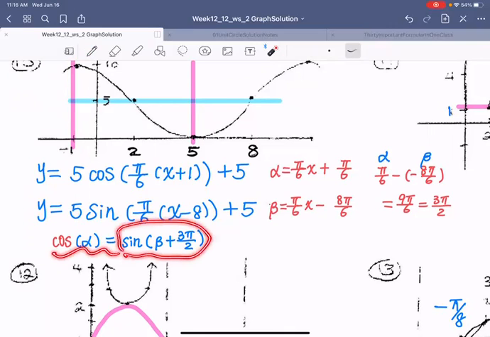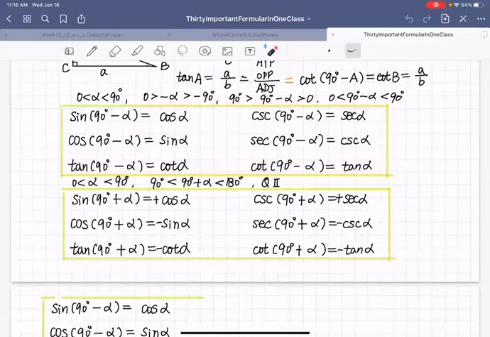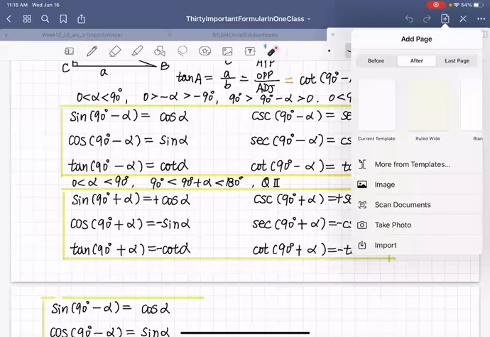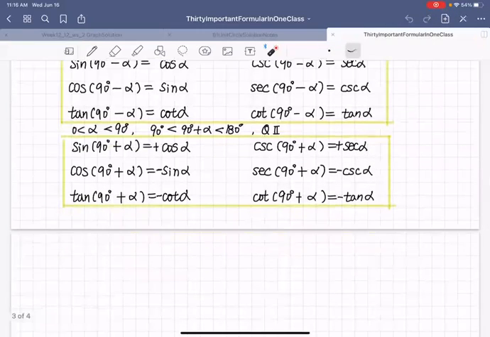As long as they have a difference of 3 pi over 2, remember the cofunction formulas we learned last class, where the difference is 90 degrees, so 270 is going to be the same. Let's make a new formula.